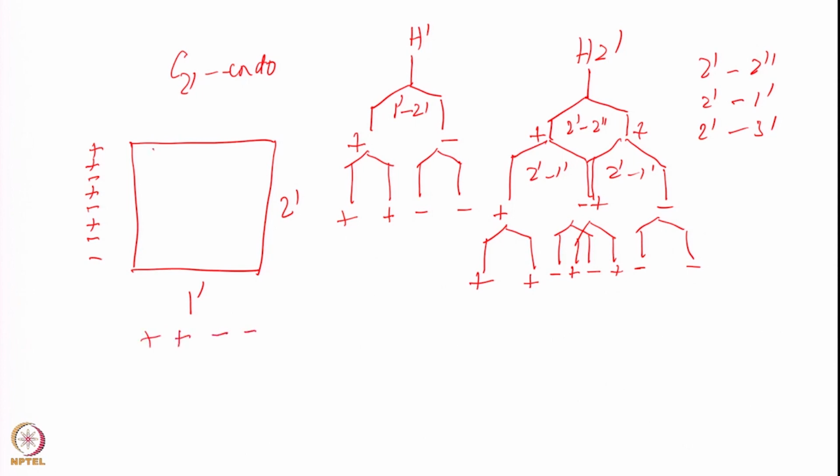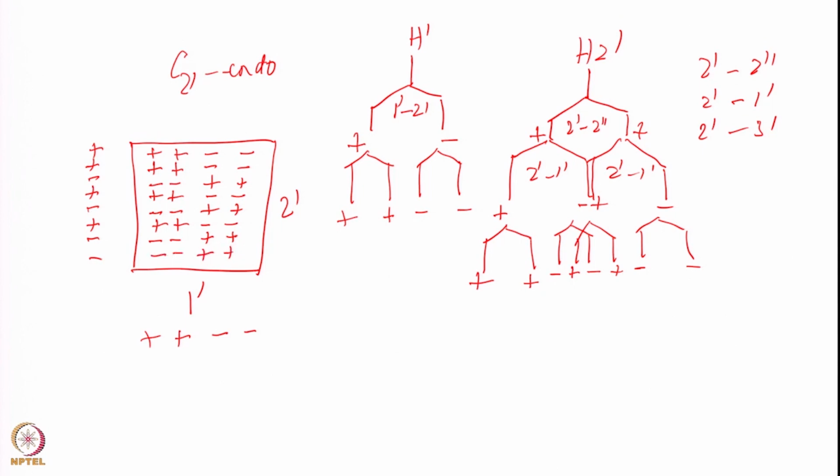So you put that here, plus plus minus minus, plus plus minus minus, minus minus plus plus, and so on. So you will have 32 components.